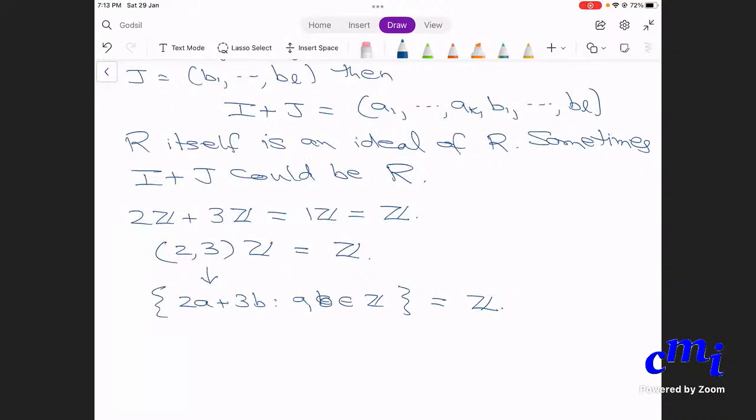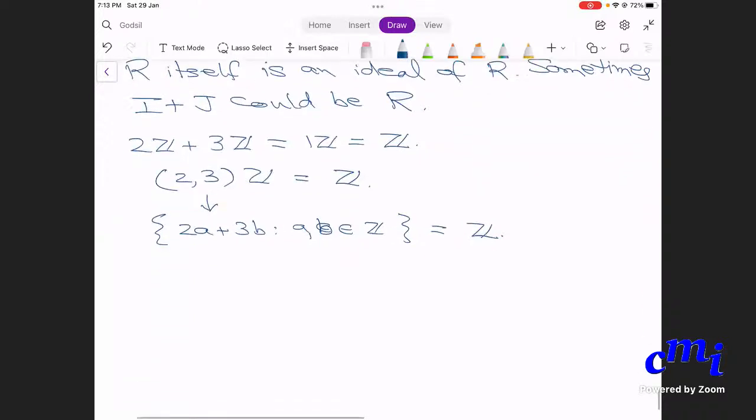This is one operation that you can do on ideals. The other operation you can do on ideals is the operation of product.